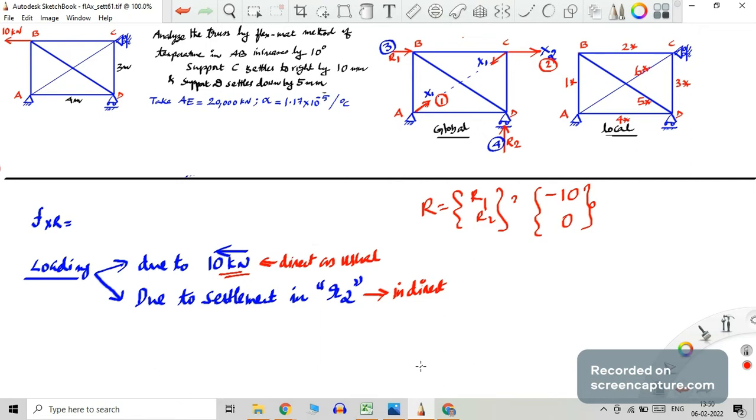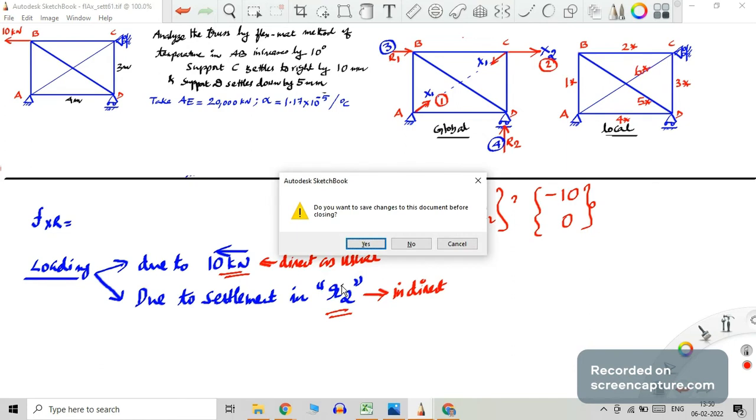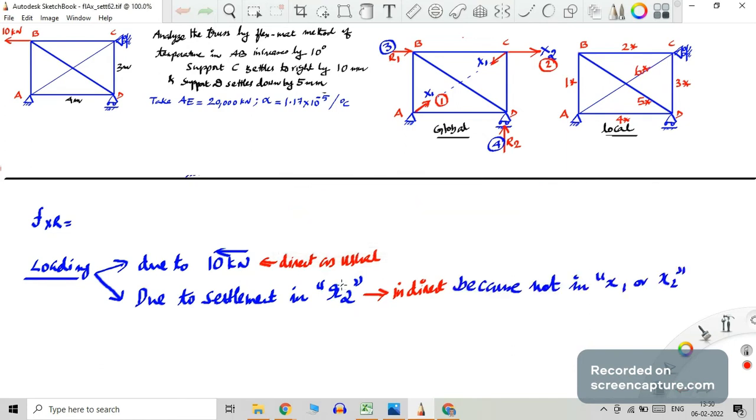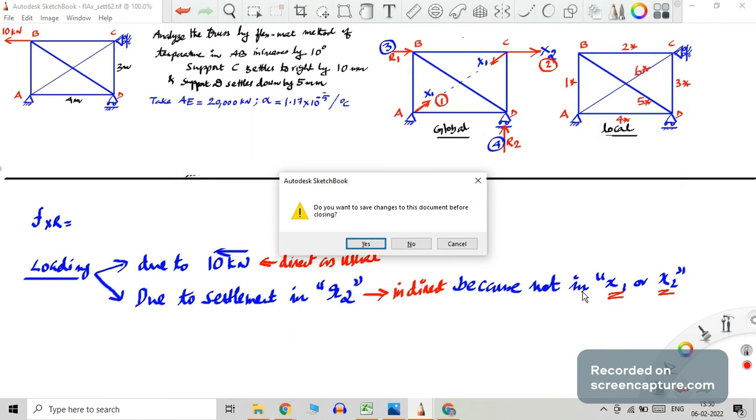Only that coordinate 3, it is in the reverse direction, that's why minus 10. Now this R2 is going to be indirect, because that is not available in x1 or x2. We cannot take it in x1 and x2, so we need to go for an indirect method.